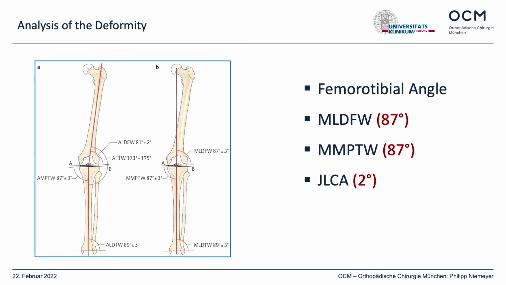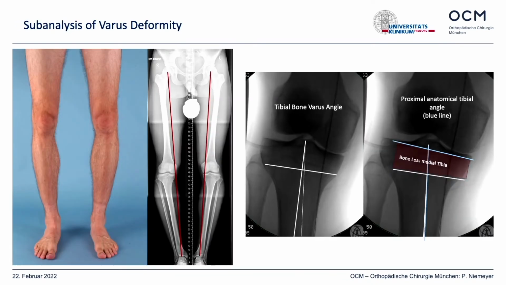Nevertheless, in addition to this analysis of deformity, we also recommend this tibial bone varus angle. This is an angle I personally am absolutely convinced that it makes sense to determine in every patient because it distinguishes between the intraarticular wear-out varus in medial compartment osteoarthritis and the bony metaphyseal varus.